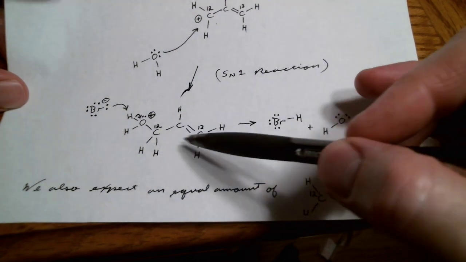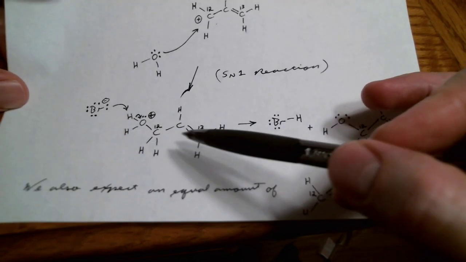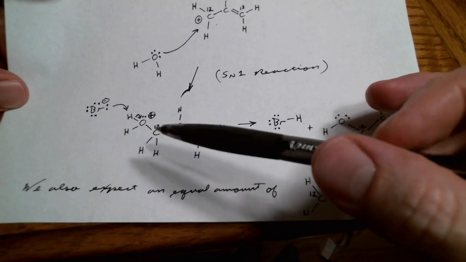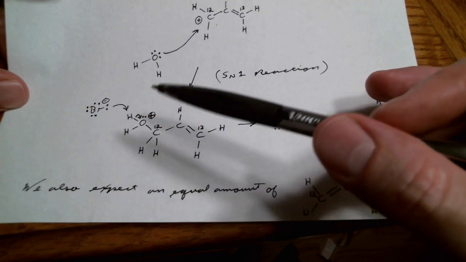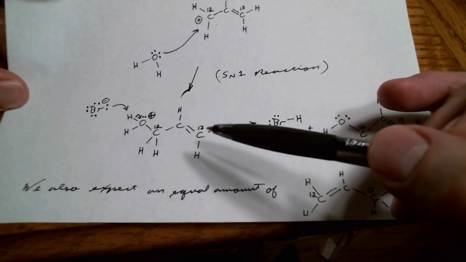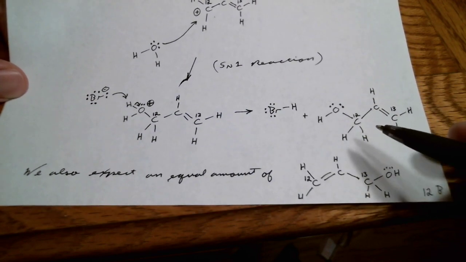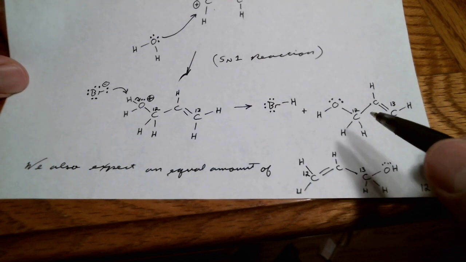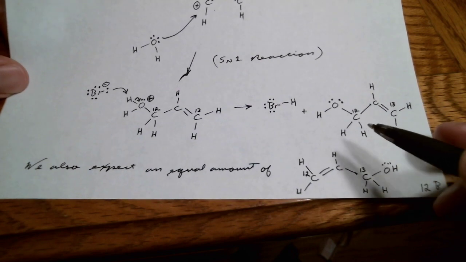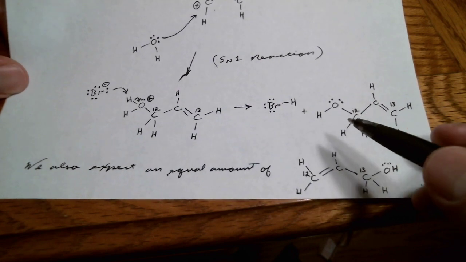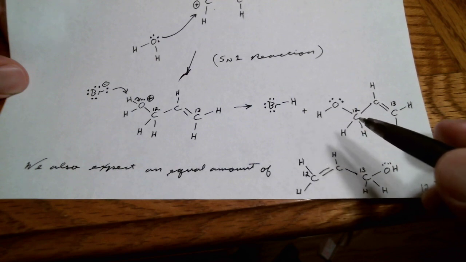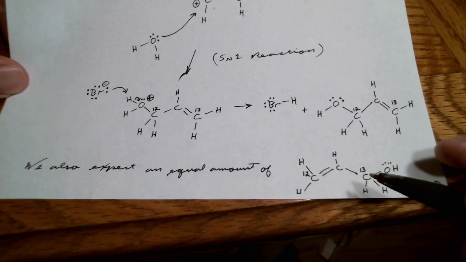Once the water has added in to either side, either the C12 or the C13, if resonance is real, we could think about removing one of the 2 protons to it, and then we generate something we call allyl alcohol. If resonance is true, we should expect roughly equivalent amounts of allyl alcohol where the oxygen is bonded to the C12 isotope, just as well as the C13 isotope, and that is actually what we see.